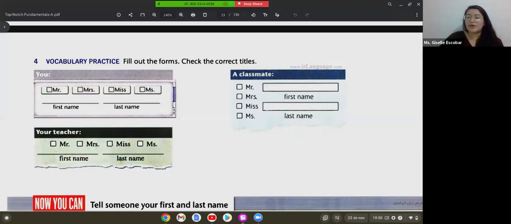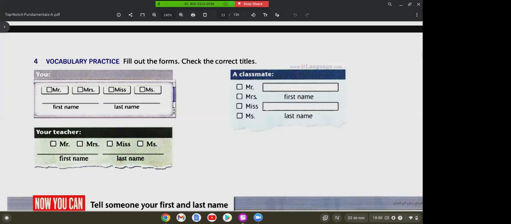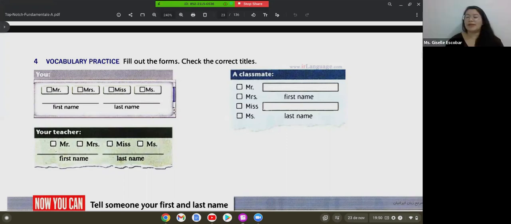Sara, can you read yours? Miss Sara Melara, and teacher Miss Giselle Escobar, classmate Mr. Brian Acevedo. Okay, perfect. Thank you, Sara. Cristobal, can you read yours?